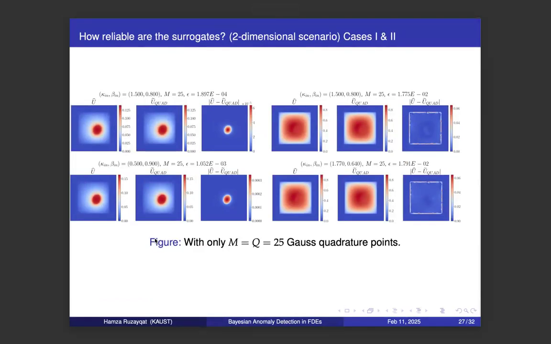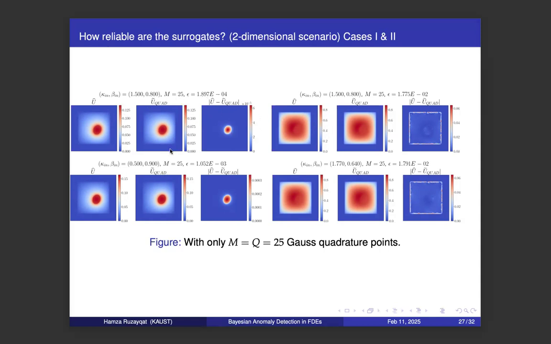Now in the two-dimensional case, we just have kappa and beta n. So how reliable are the surrogates? They are very, very good. Remember, when n is 2 or 3, one can use the Gauss-Legendre quadrature rule to approximate the integral. And here we use only 25 Gauss quadrature points.